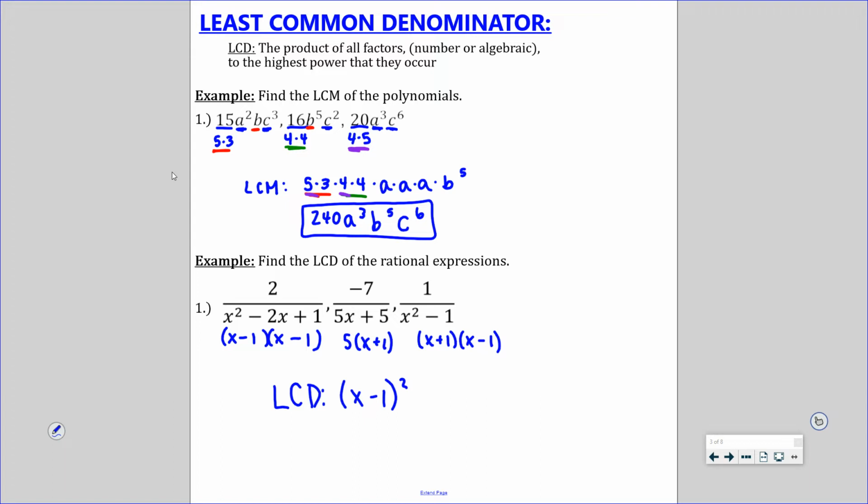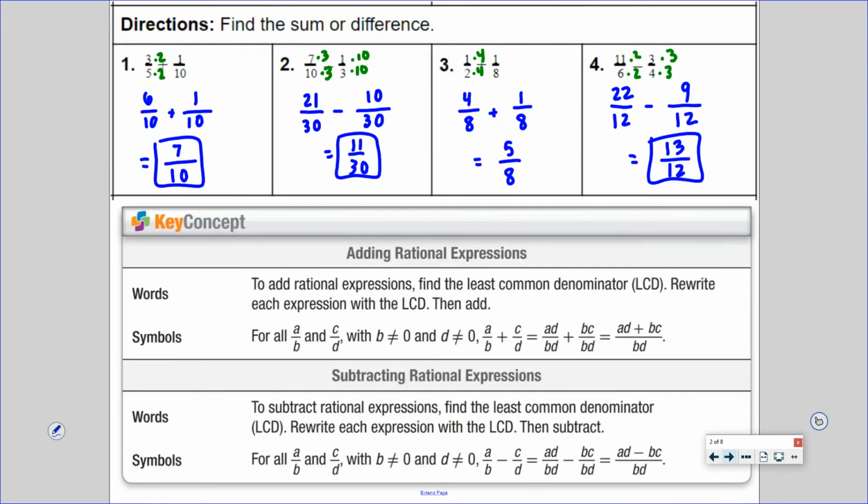I'm okay with that. That's how I do it. I can't really take factors away. I can multiply more in to make common denominators, just like with numbers, right? I can't take away this factor of 8, but I can multiply more numbers in to make it 8.